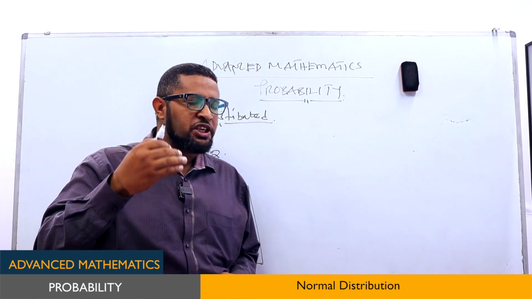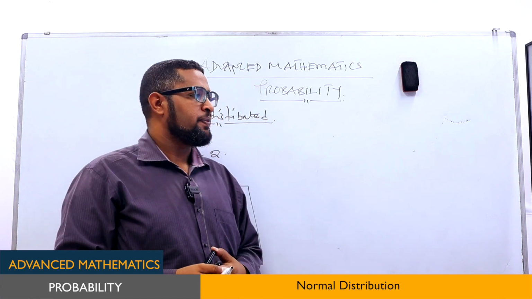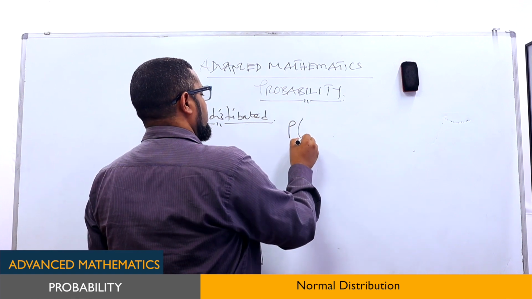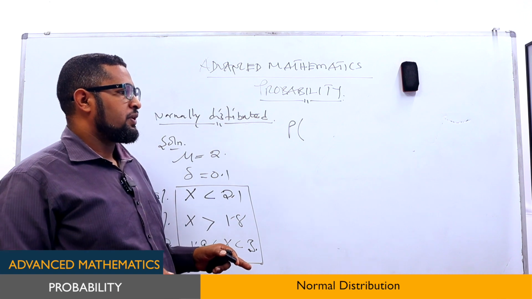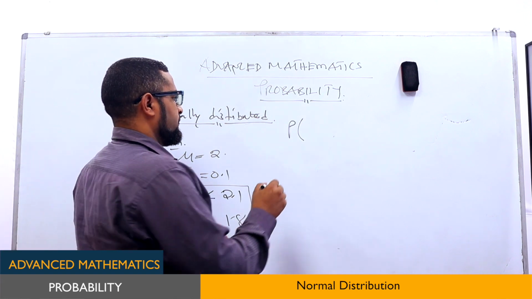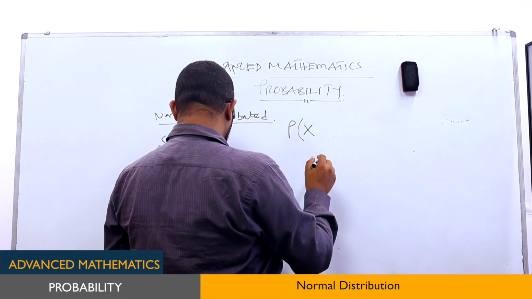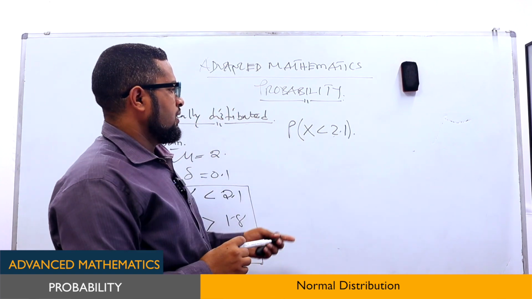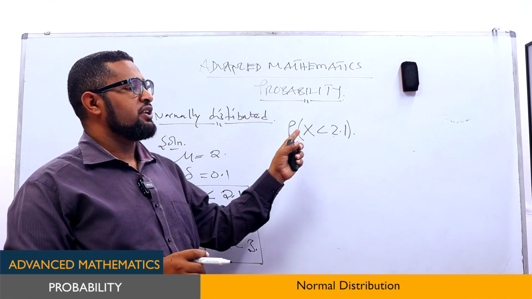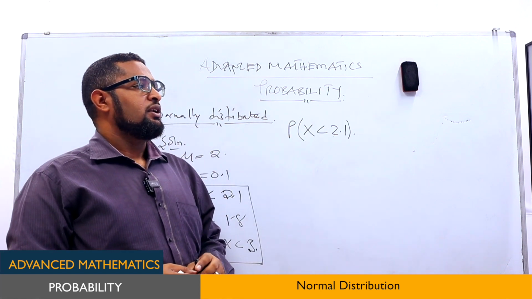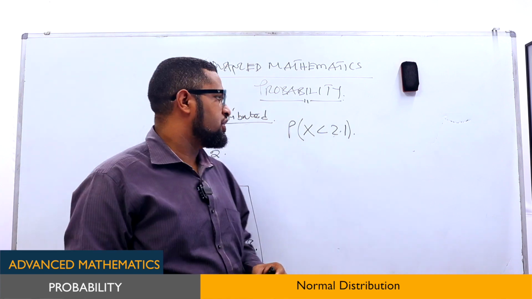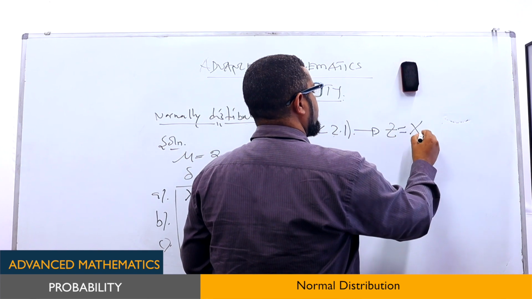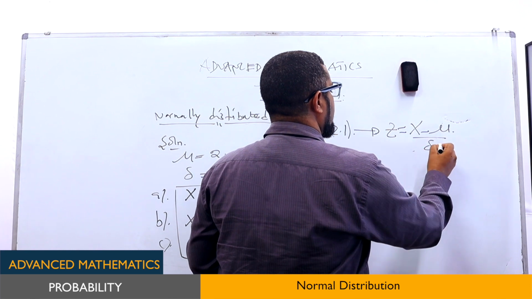Now, how do we determine the inequality for this standard mark? First of all, you need to recall the formula. Number 1 will be x less than 2.1. But remember, this is distributed in the standard normal distribution, in which z is given by x minus the mean divided by the standard deviation.